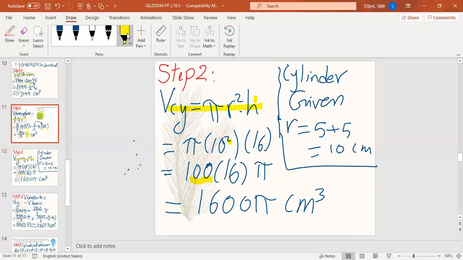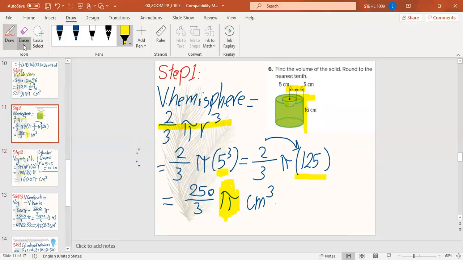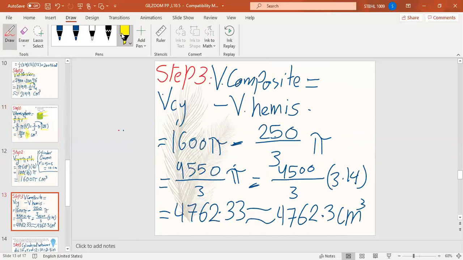And the question asks you about the volume of the solid, which is the composite, the volume of the whole composite figure. It means the volume of the cylinder minus the volume of the hemisphere, because the hemisphere is inside the cylinder, we will subtract.